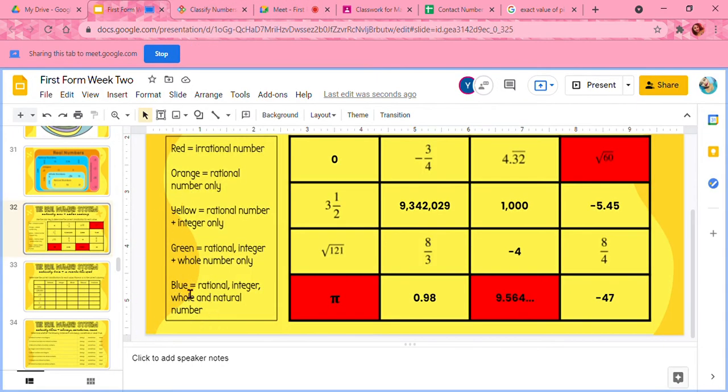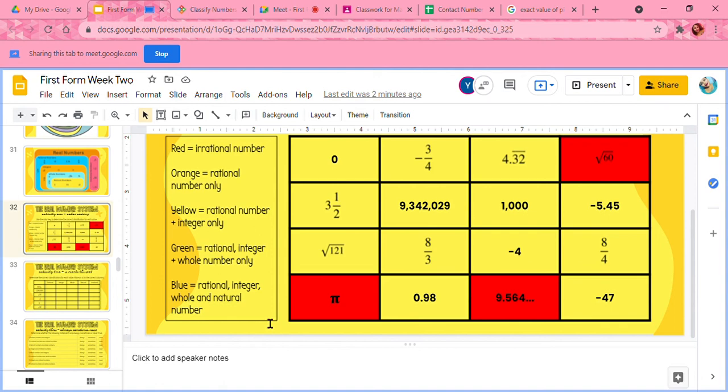Let's start here at the bottom with blue. What number here is rational, integer, whole, and natural? Integer, miss. Negative 47. Let's see.